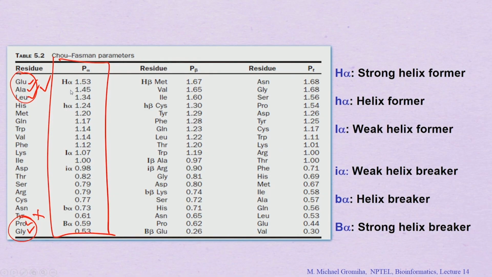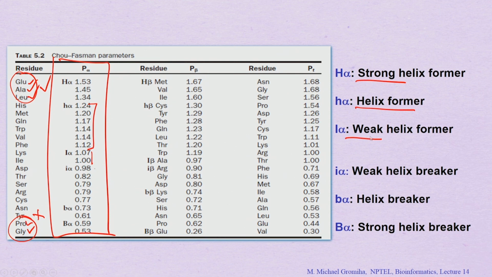Hence they divided this group into 6 groups. The first one is capital H alpha, the strong helix former, because they have a high tendency to form helix, as the value is very high. Then small h alpha, in this group, they also have a tendency to form the helix. Then just around 1, a little bit around 1, is the weak helix former.